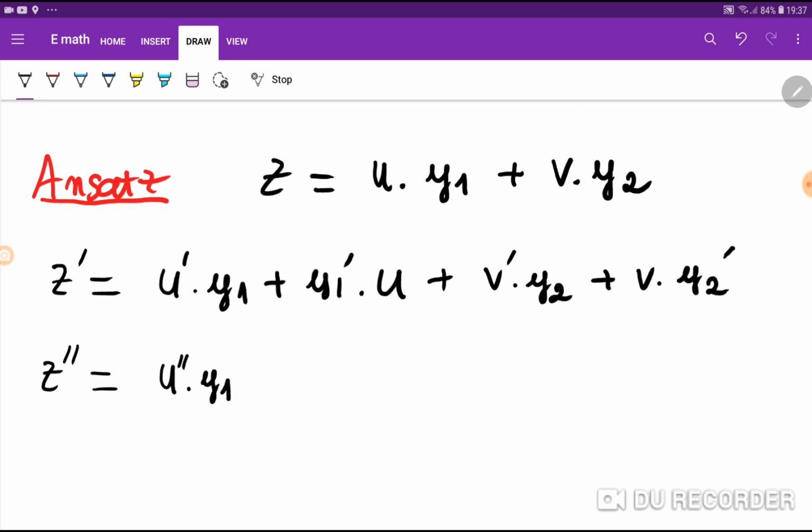Again, guys, this is the product rule of derivatives, plus u' y1'.